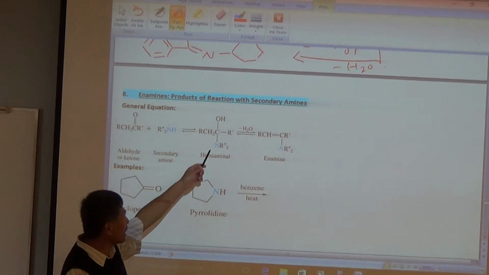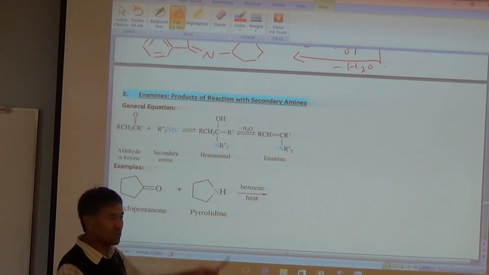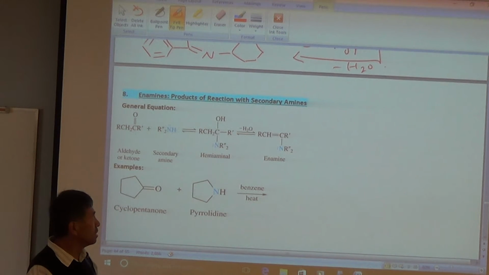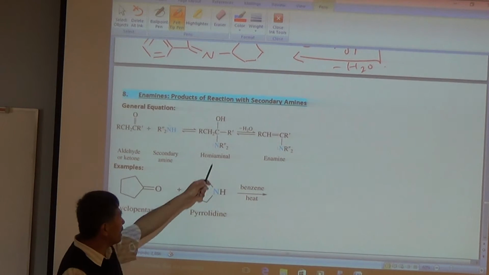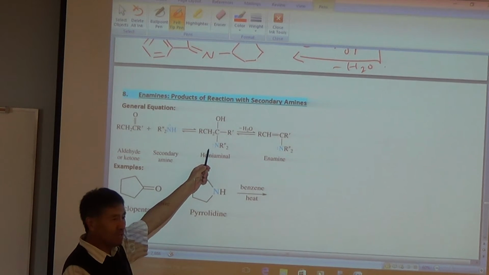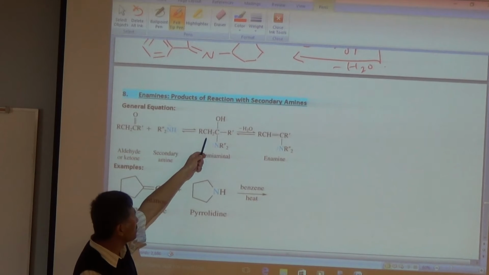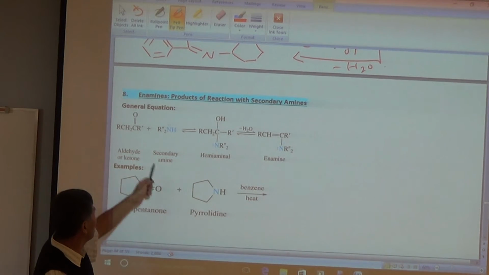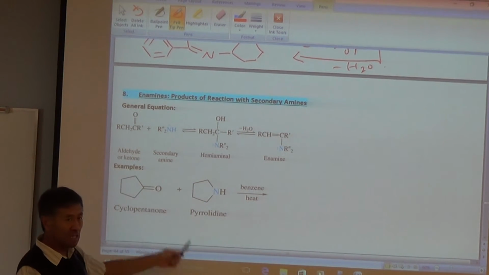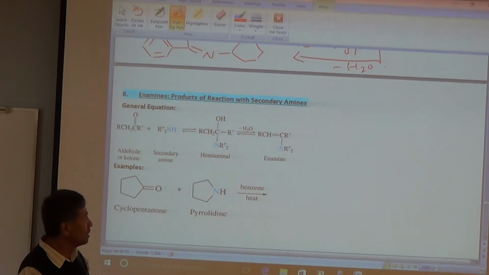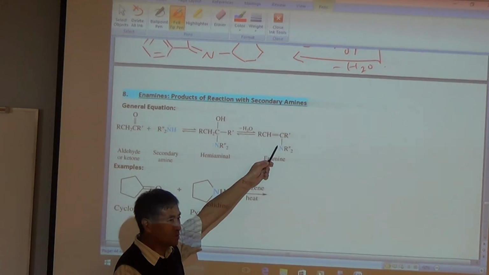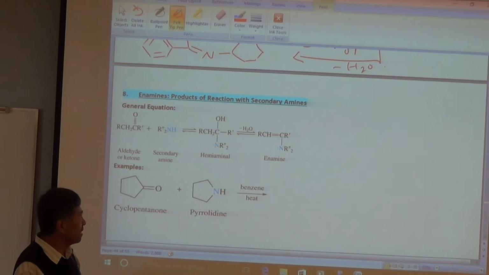Hemiaminal means you have a carbon with N and hydroxyl. Now this time when you do the dehydration, which means loss of water, you don't have an H on this N available to lose with the hydroxyl. So what happens? The H will come from your ketone or aldehyde, and you will produce a double bond between the carbon and the carbon like that.